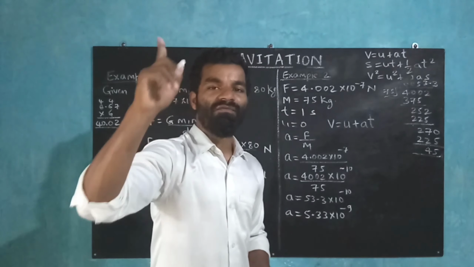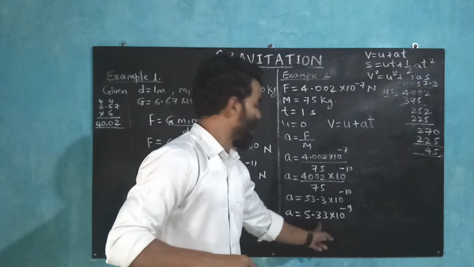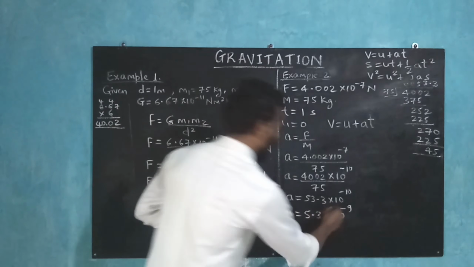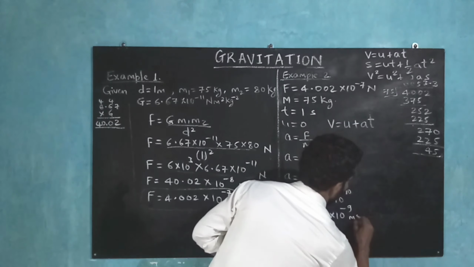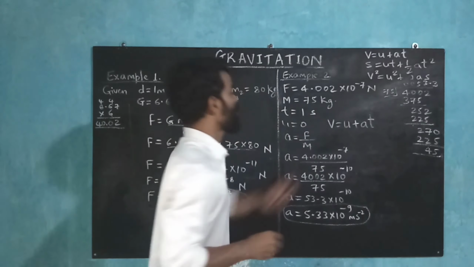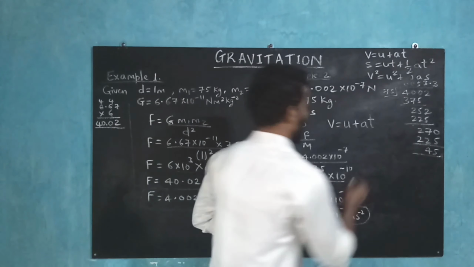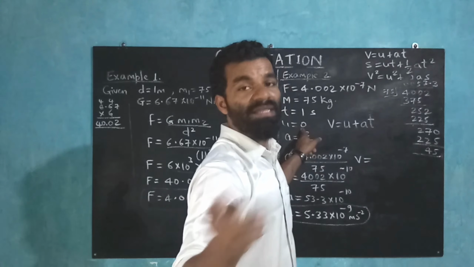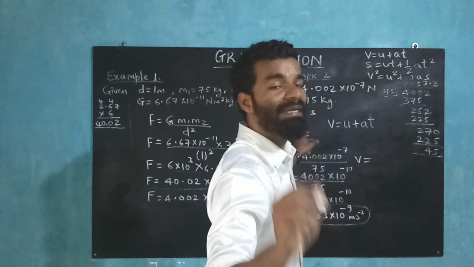10 raised to 1 gets multiplied to this figure when you move the decimal to the left. So this will be your acceleration, and of course the unit is meter per second square. Now substitute this acceleration into the main formula and get the velocity. u will be equal to 0 because Mahendra is sitting on the bench at rest.